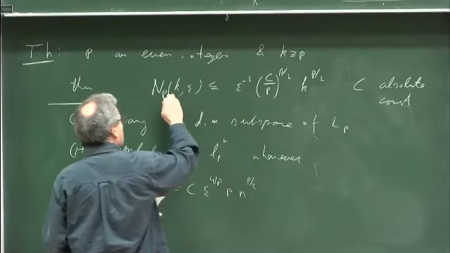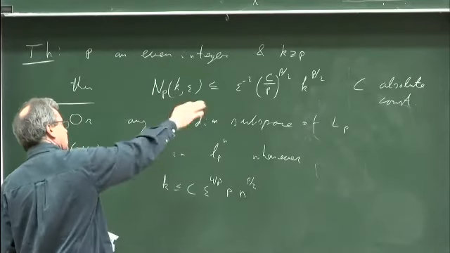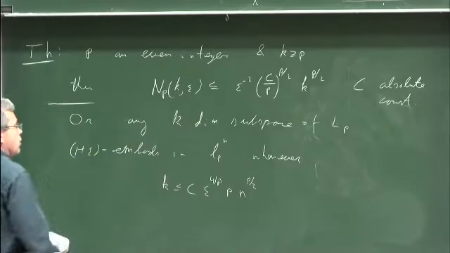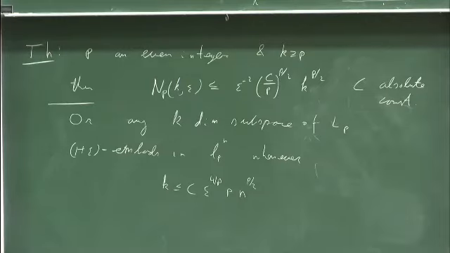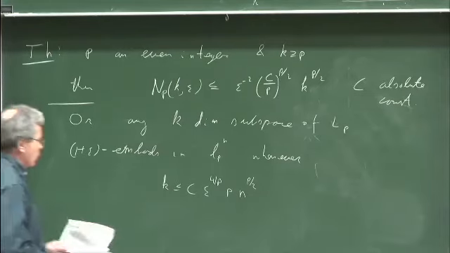All I've done is just call this n, and I wrote an inequality for k instead. So why did I write this?